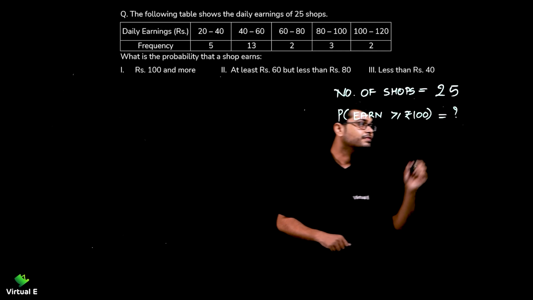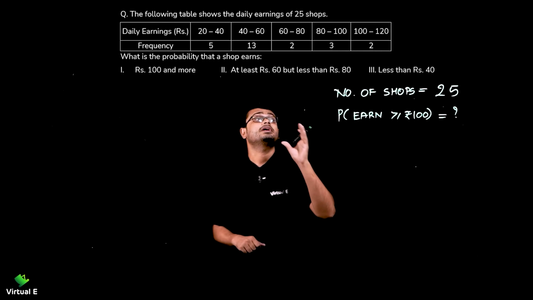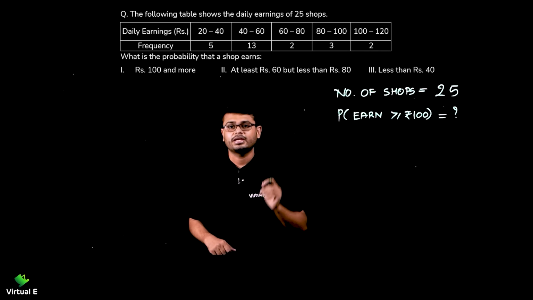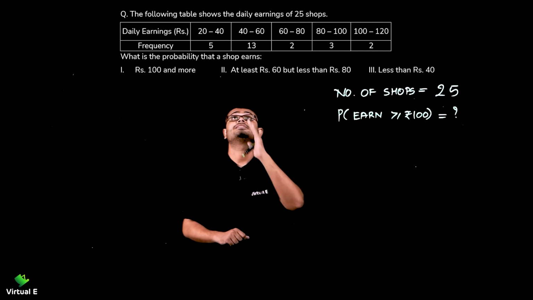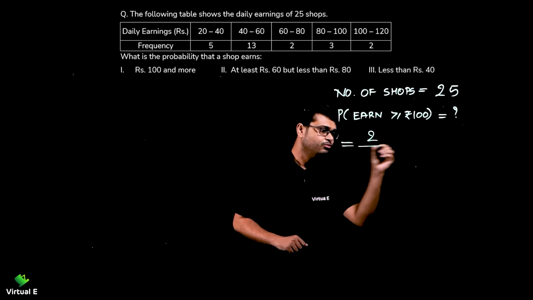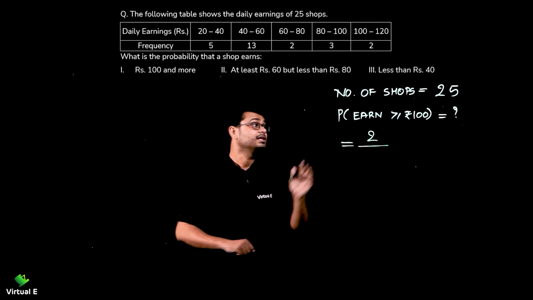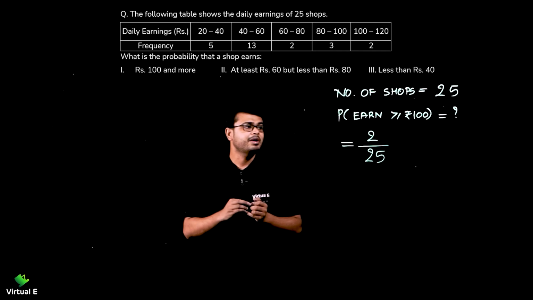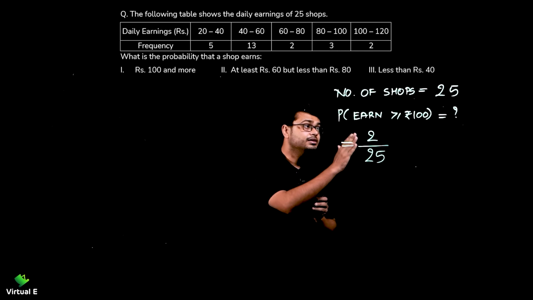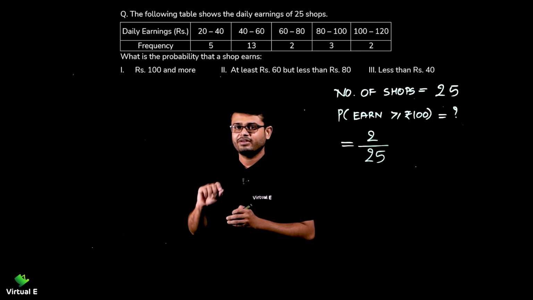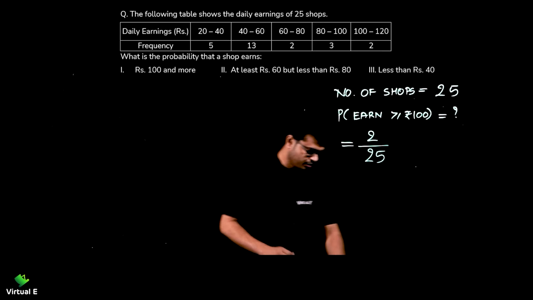So first of all, let's find the number of shops. In the range, we want to take 100 and more, right? So 100 to 120, how many shops are there? You can see in the table, that is 2 only, right? And what is the total number of shops? 25. So that's the probability. Very simple. So the probability of shops that earn rupees 100 and more is 2 over 25. Let's move on to the next one.